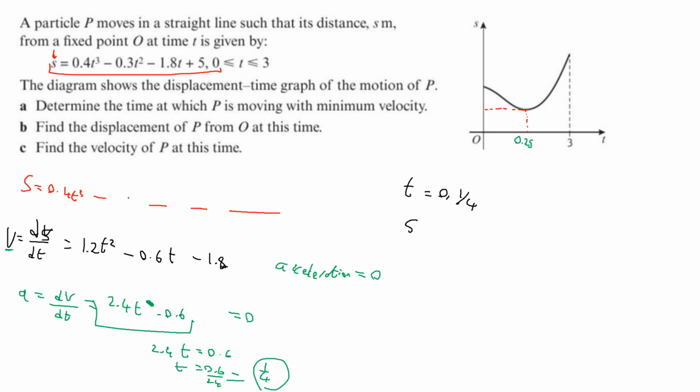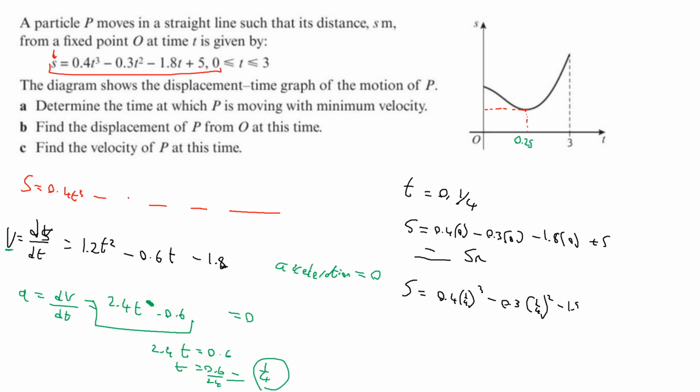So first things first, when t equals 0, s is equal to 0.4 times 0, minus 0.3 times 0, minus 1.8 times 0, plus 5, which is equal to 5 meters. What about if t is equal to a quarter? Then s is equal to 0.4 times a quarter cubed, minus 0.3 times a quarter squared, minus 1.8 times a quarter, plus 5.